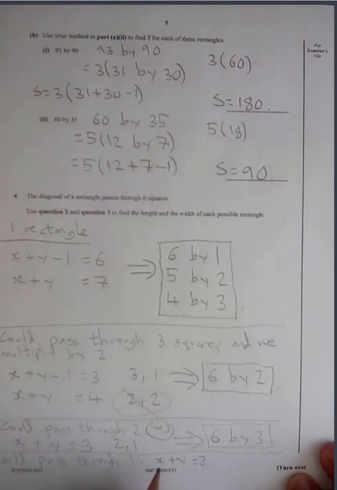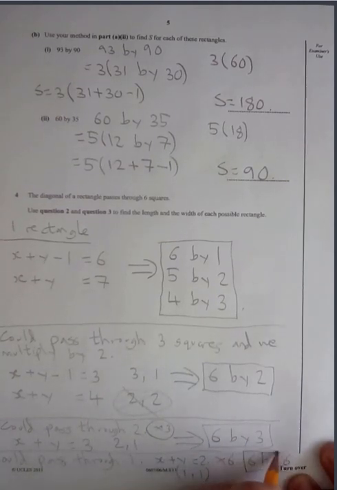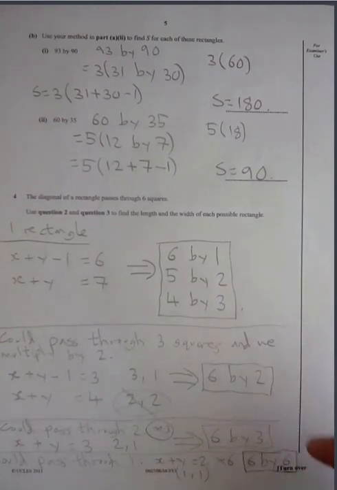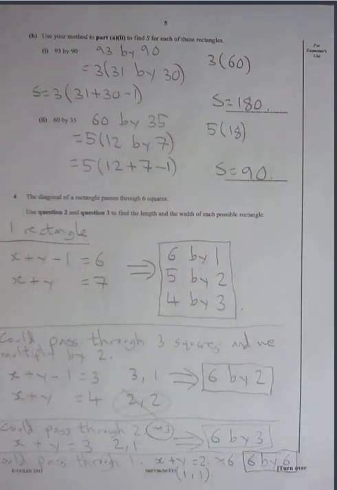And the only way you're going to get that is 1, 1. And if it's 1 and 1, we times by 6, which means it's a 6 by 6 square. So that is our final possibility. If you think of a 6 by 6 square, it does make sense because the diagonal would pass through a square every single time, so it would only go into 6 squares.